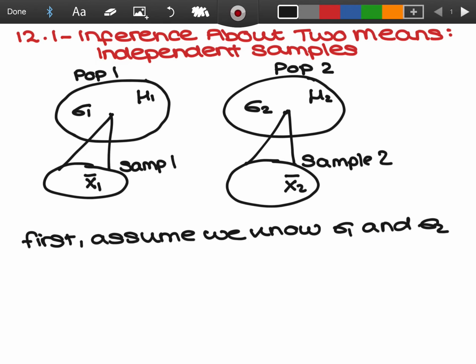Maybe you could be a car company and you just wanted to know which make or model had better gas mileage. So you're going to take each one of those models of car and look at the gas mileage for the whole population, and you want to compare them. That's where it's useful. Any kind of comparison thing is where this becomes useful.